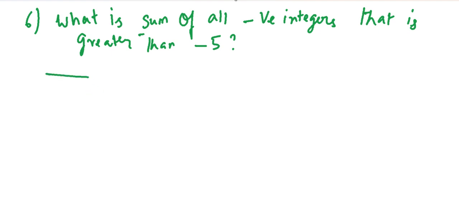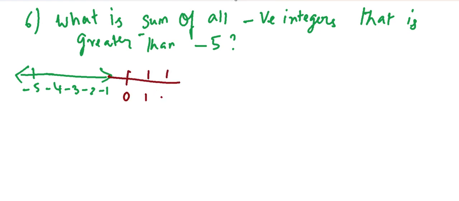So on a scale, when we write the values, minus 5, minus 4, minus 3, minus 2, minus 1. Then I have 0, 1, 2, 3, 4, like that the values will be proceeding.